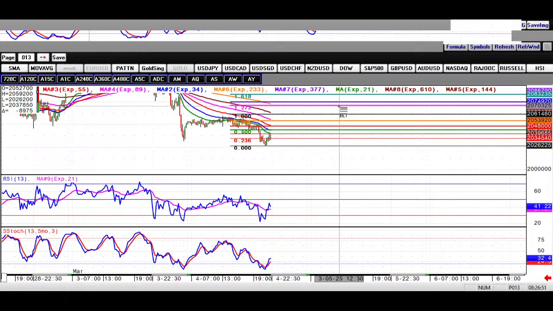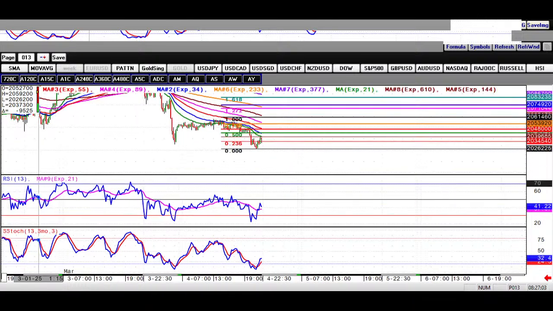Okay, so 700, meaning to say we have about 350 points move which we are expecting. Okay, but again, let's see, after the main market comes in, we should be getting a clear idea where it is heading and how we can go about it.